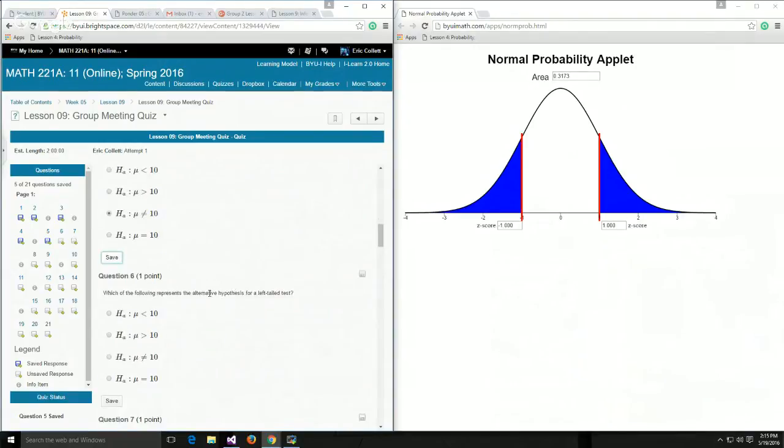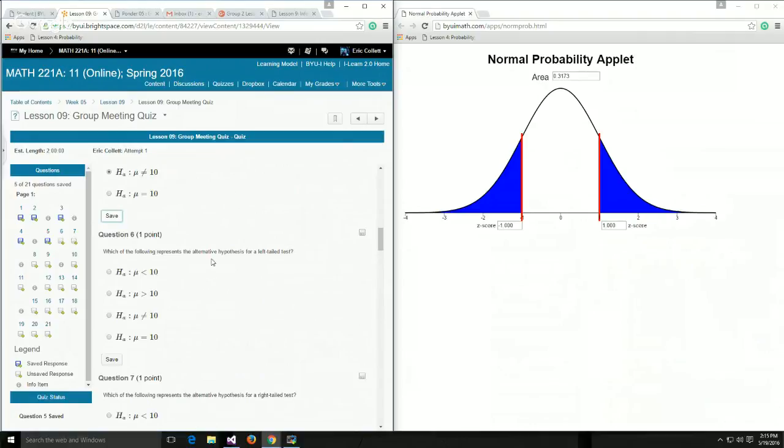Yeah. Cool. And then number 6 is asking for a left-tailed test, which would mean that it would be less than the mu, right? Yeah, less than. So it's the first one in essence. Yes.